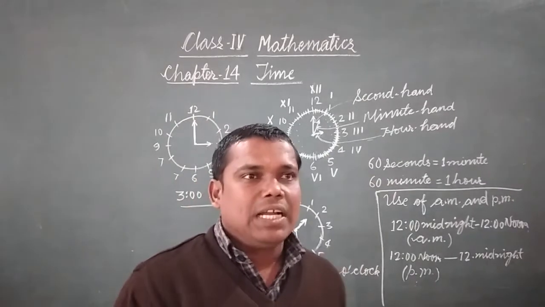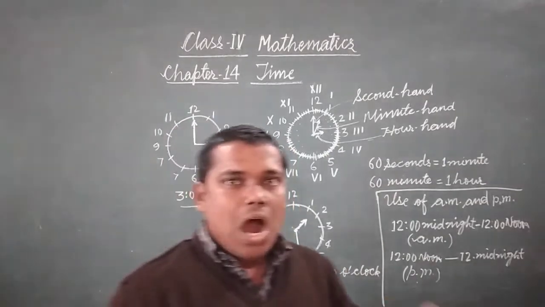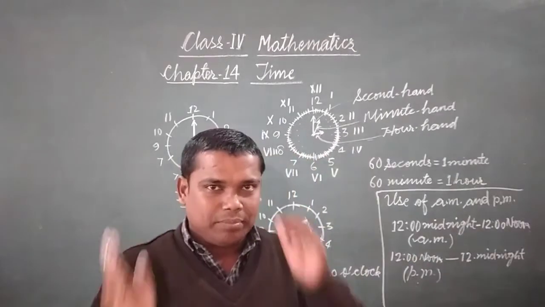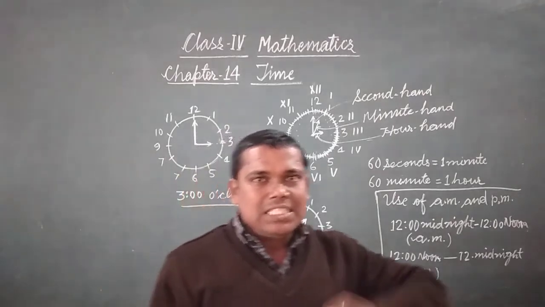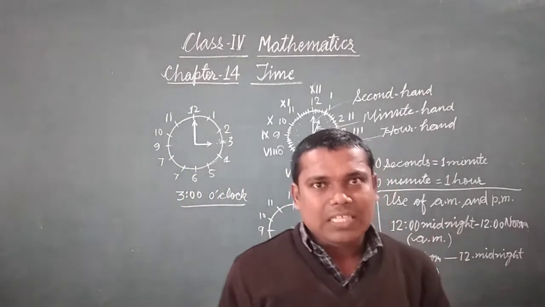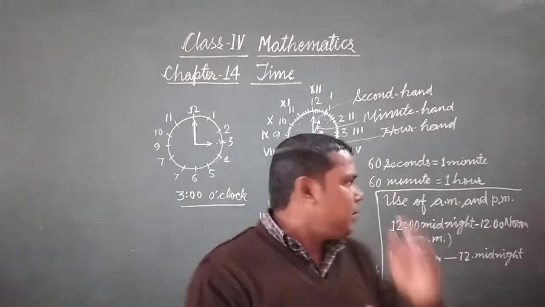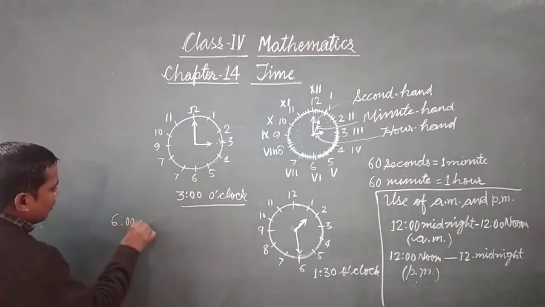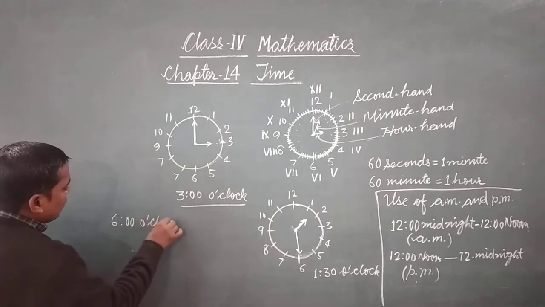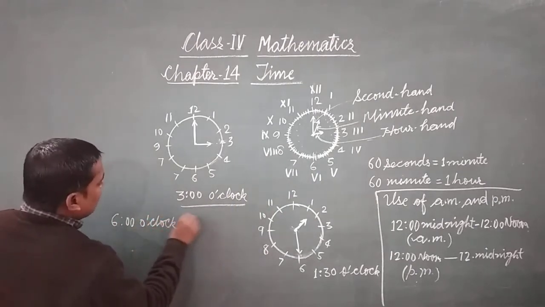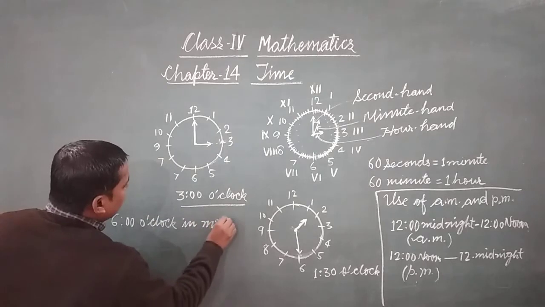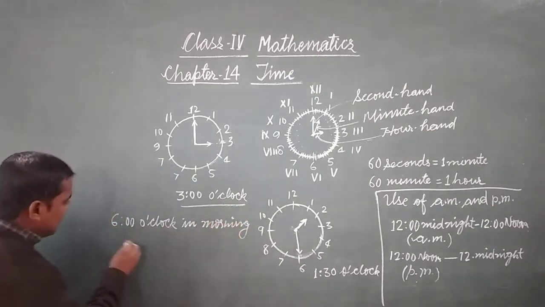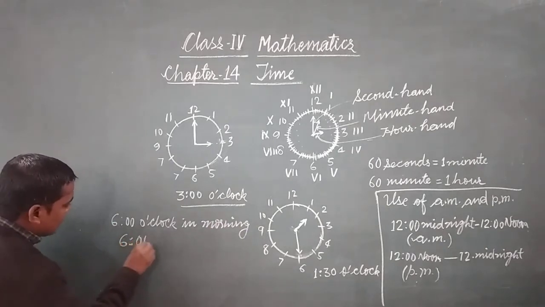So if it is given that 6 hours in the morning, then you will say 6 AM, and if it is 6 hours in the evening, then you will say 6 PM. Means if it is written 6 o'clock in morning, it means it is 6 AM.